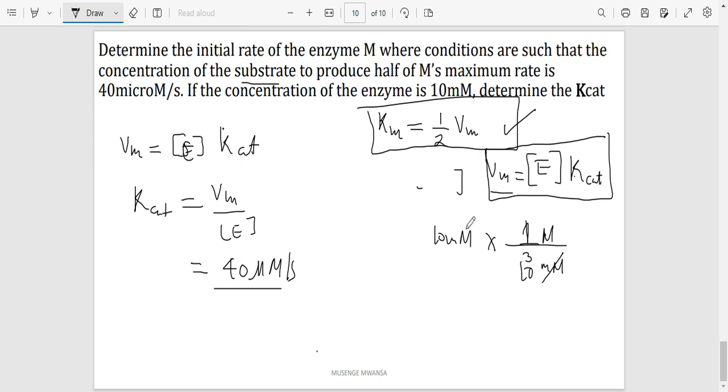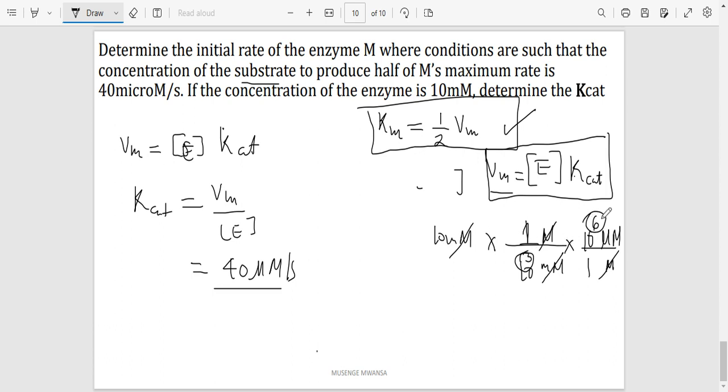So this will cancel with this, and then again multiply. I've got a molar on top, I'm going to put a molar down and then a micromolar on top. Molar is bigger than micro, so I'll put 1 here, and then to the micro I'll put 10 to the power negative 6. As long as I put 1 in front of the bigger number, the power should always be positive, so the molar will cancel with the molar. So this 3 will cancel with the 3 there, and what we are going to remain with is only 10.